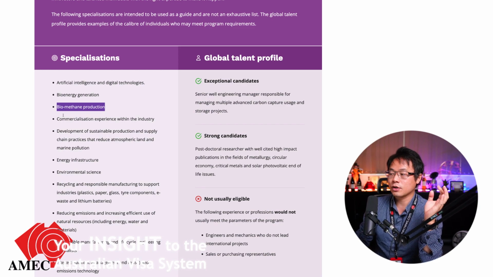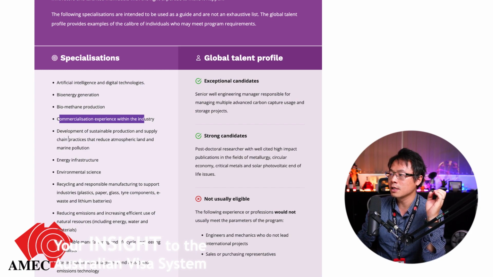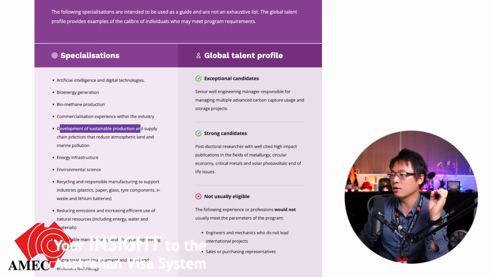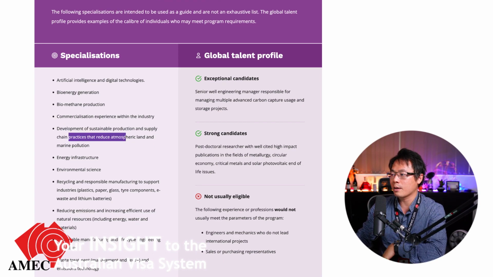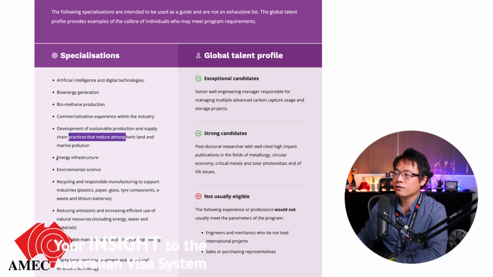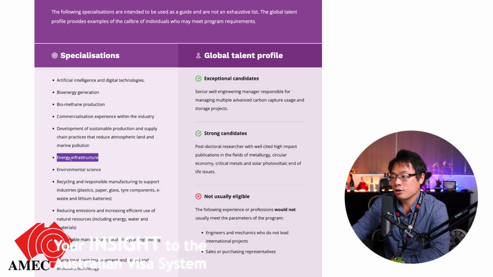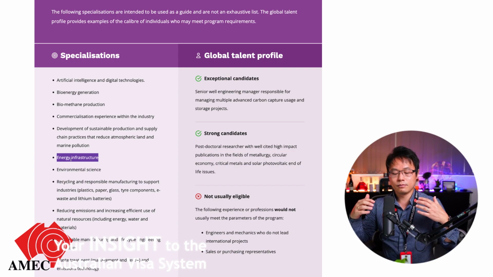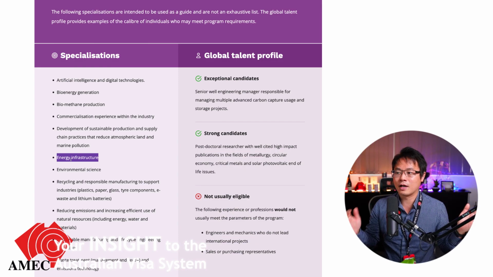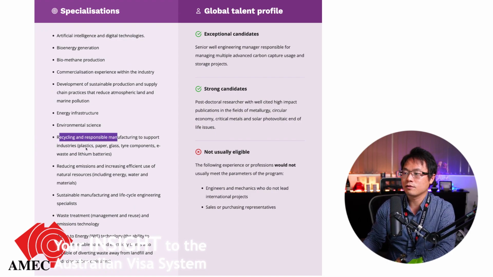So that's again the circular economy, commercialization experience within the industry, development of sustainable production, supply chain practices to reduce atmospheric, land and marine pollution, energy infrastructure. Although that's going to be cross-platform with the category of energy, so same. A lot of these talent people are cross-platform, but that's fine. That's not a problem. Environmental science, recycling, responsible manufacturing, support of plastic.